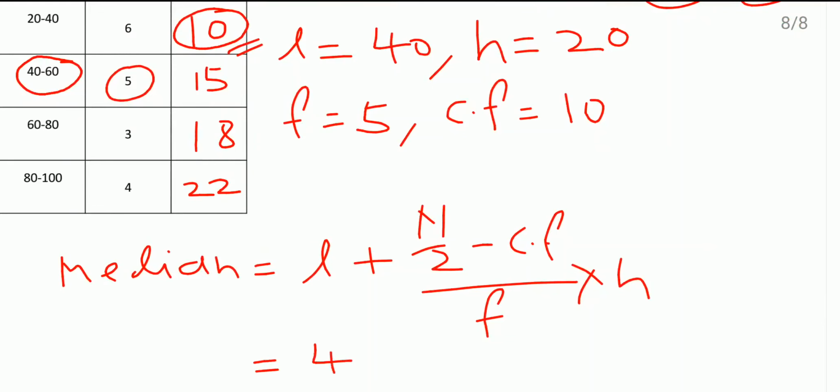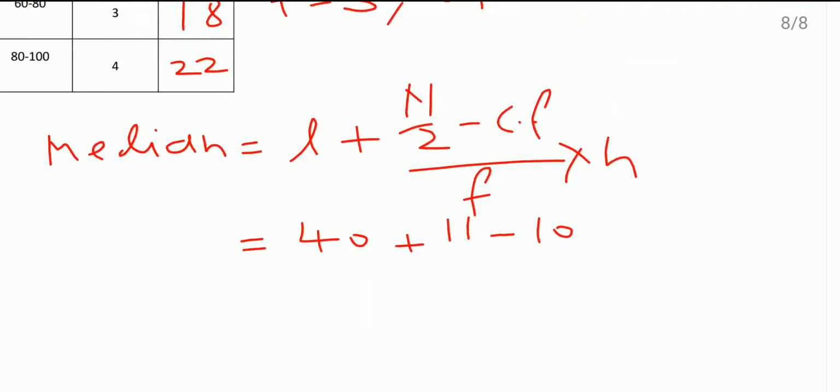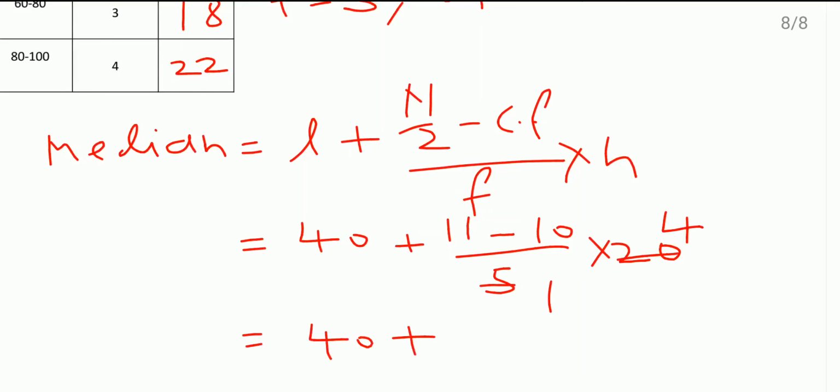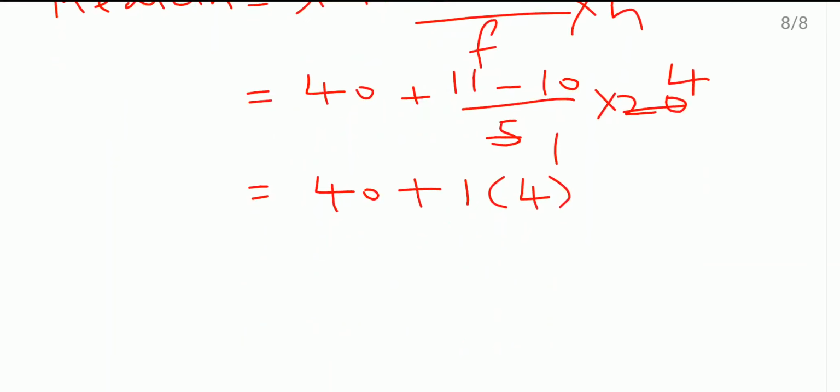L is 40, N by 2 is 11 here, minus CF is 10, frequency is 5, and this is 20. 5 ones are 5, 5 fours are 20, which is equal to 40 plus (11 minus 10 is 1). So 1 into 4. So we got the answer as 40 plus 4 is 44. So the median of the data is 44 runs.